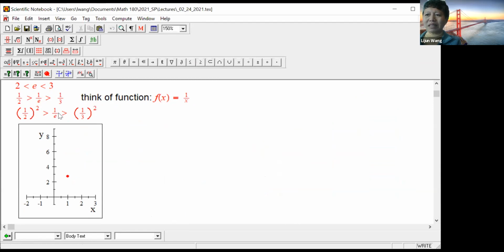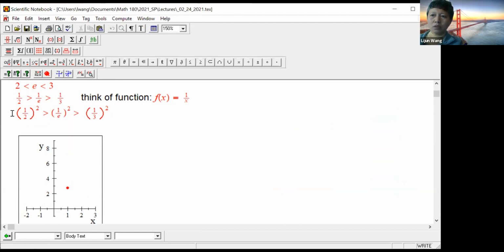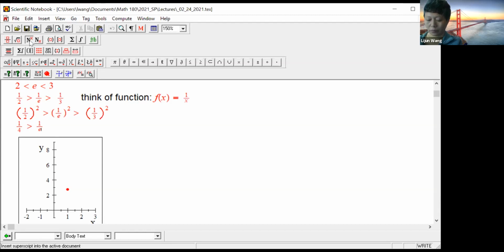You really would need this in your calculus class to be able to operate these things. Okay? You square every side, what do you get? You get 1/4 larger than 1 over e squared larger than 1/9.